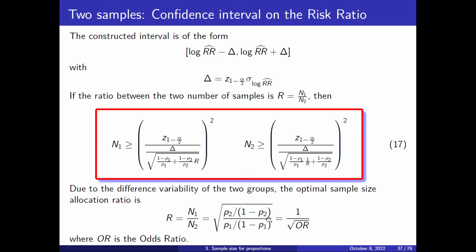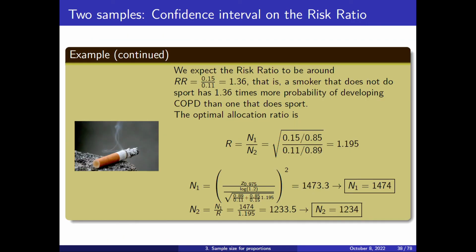See, so this ratio here is called the odds ratio. Okay, so let's say that the risk ratio we expect it to be around 1.36, meaning that it is 36% more likely to develop COPD in one of the groups than in the other.